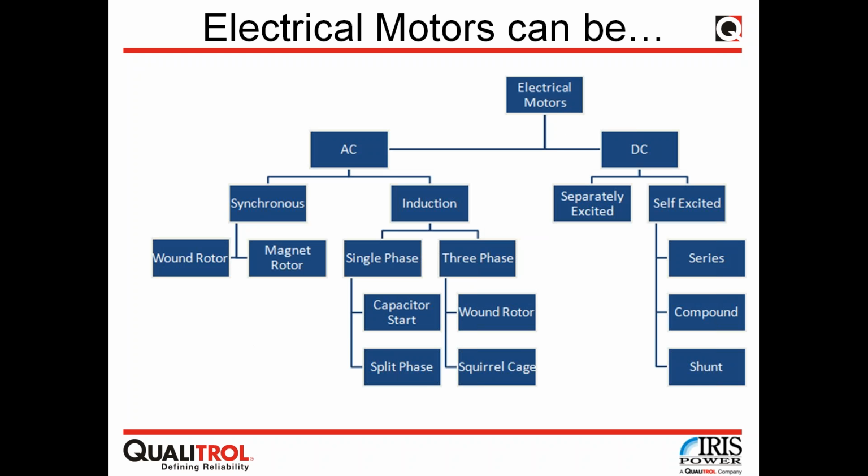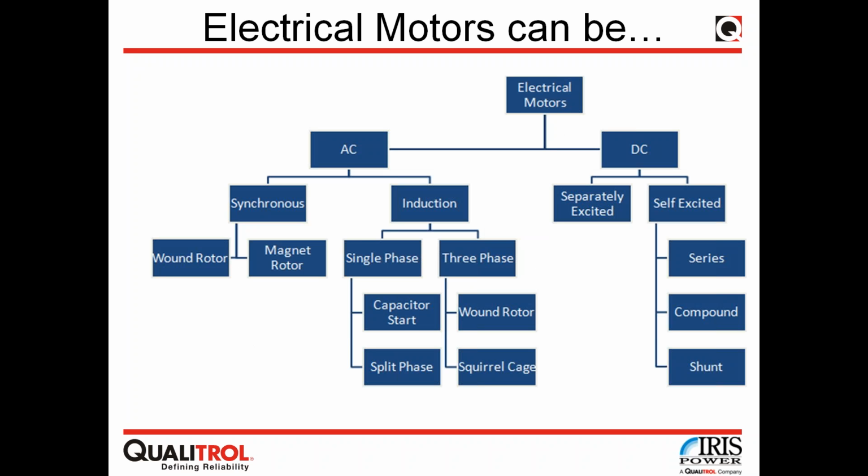Since we are talking about electrical motors today, there are many ways electrical motors can be divided, and this is only one attempt to indicate what kind of motors exist. It's not complete, it's not all-inclusive, but it can separate motors into broad groups: AC, alternating current, and DC, direct current motors.